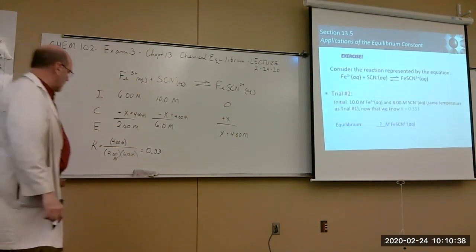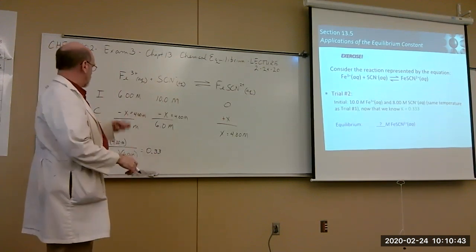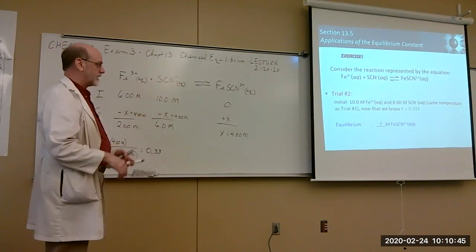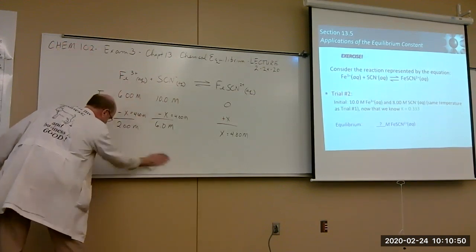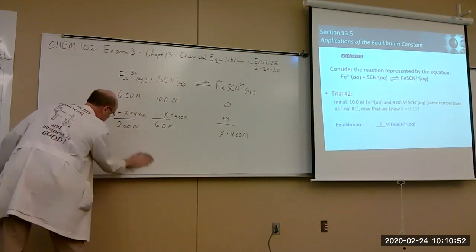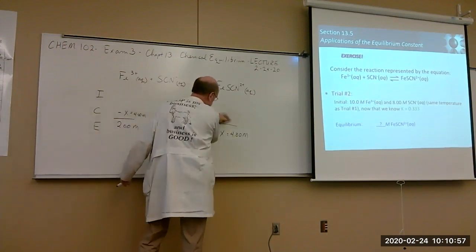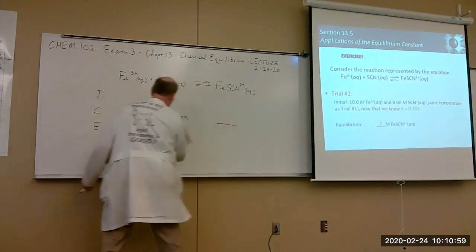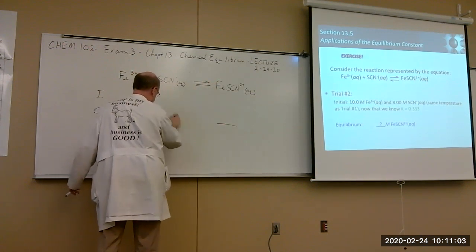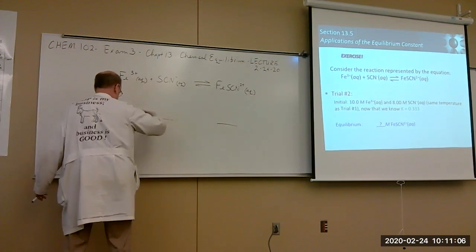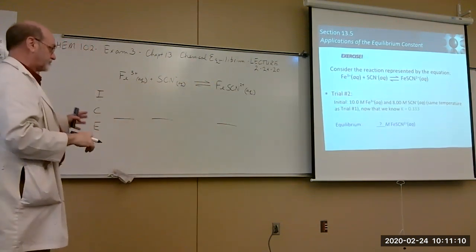So let's use what we know here to find out what an unknown concentration would be at equilibrium. So we know our K is 0.33, and let's just leave our table intact and remove the values. Okay, got the same reaction.